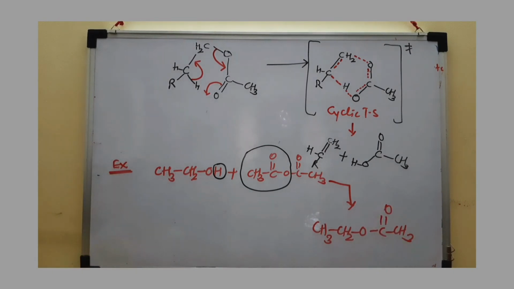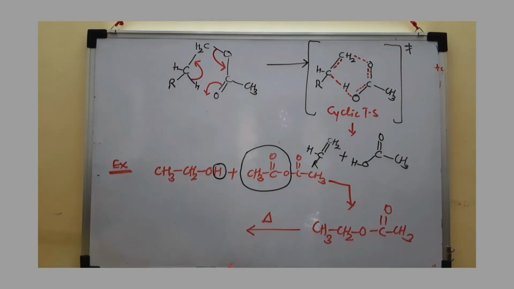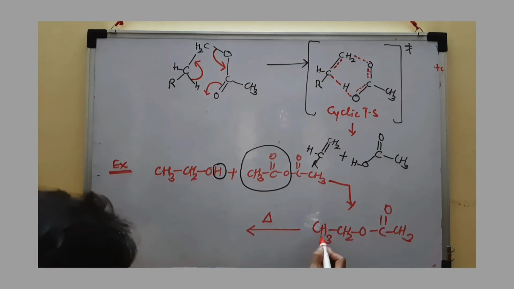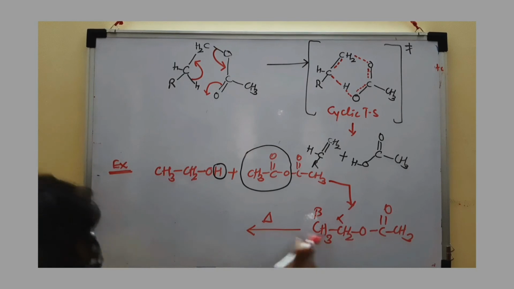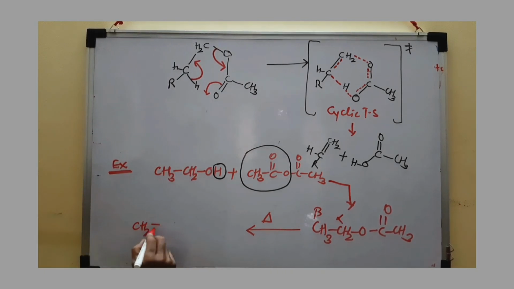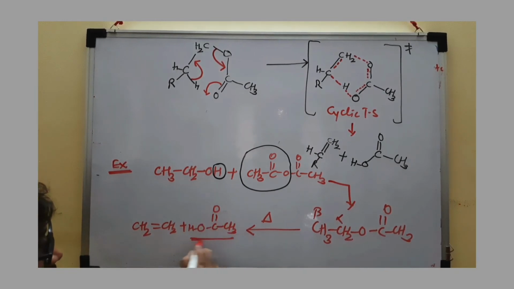So this is ethyl acetate. When this is heated alone at high temperature, around 500 degrees Celsius, what happens? This is alpha and beta. One hydrogen is joining here, so there will be CH2 double bond CH2 plus OH, C double bond O, CH3. This is always there.